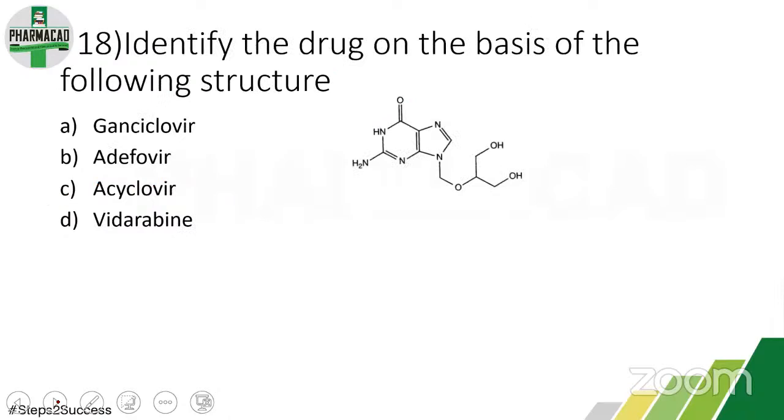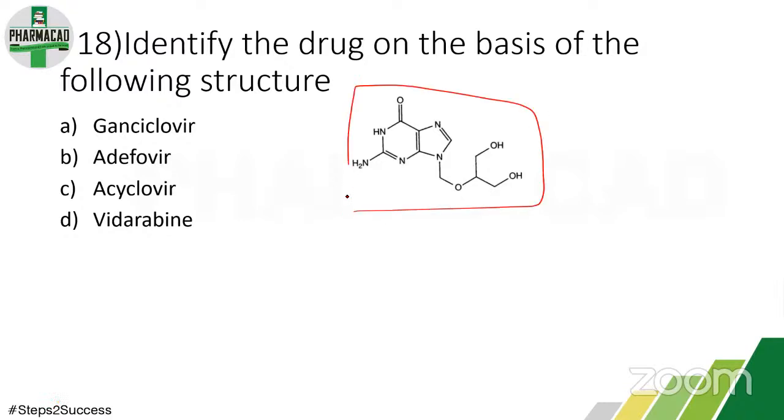The next question: identify the drug on the basis of the following structure. So this is the structure of which drug, and how can we analyze it? First, we will talk about what kind of analog each of these is. Ganciclovir is a guanosine analog.